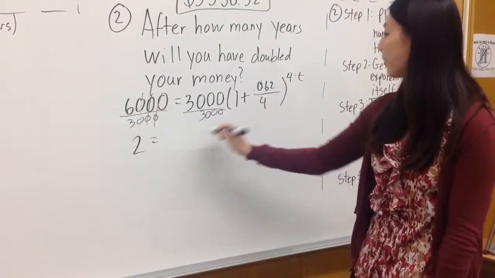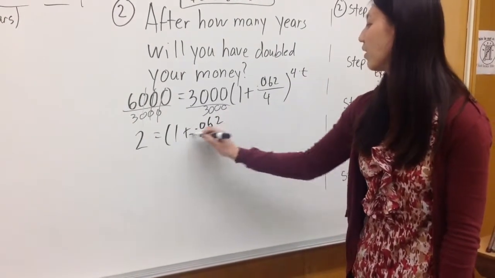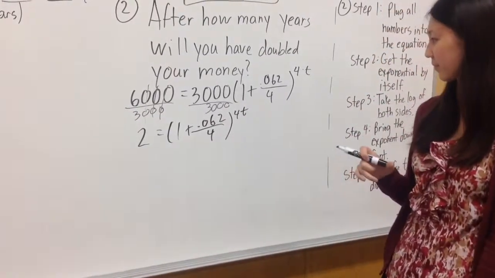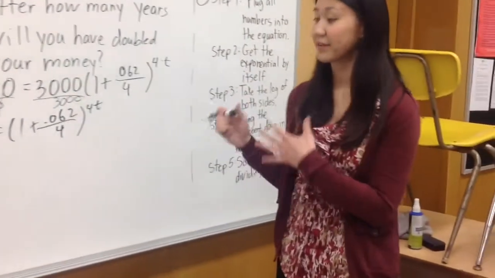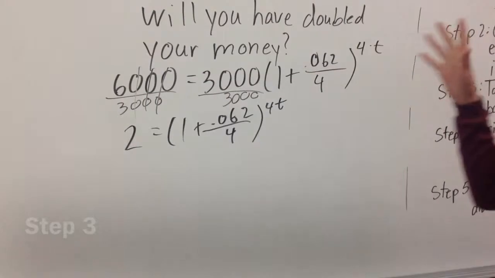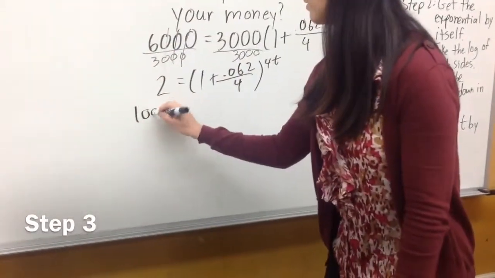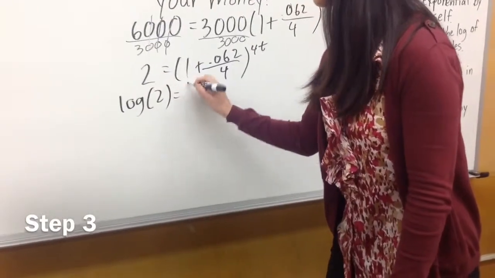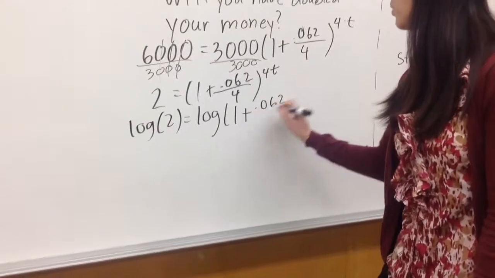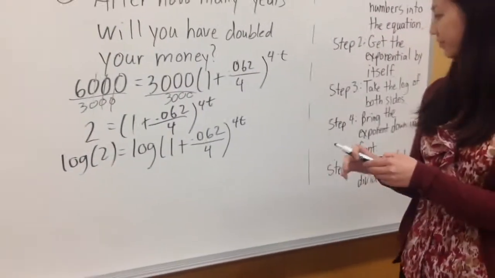Now, we have this part left, 1 plus 0.062 all over 4, still to the 4t power here. And now we're on our third step. So how do you get an exponent out of a tree? We hit it with a log. So we're going to take the log of both sides here. So log of 2 is equal to the log of 1 plus 0.062 all over 4, all to the 4t power here.